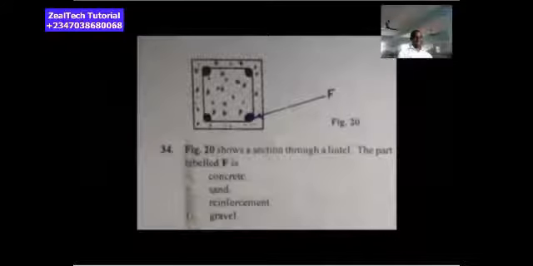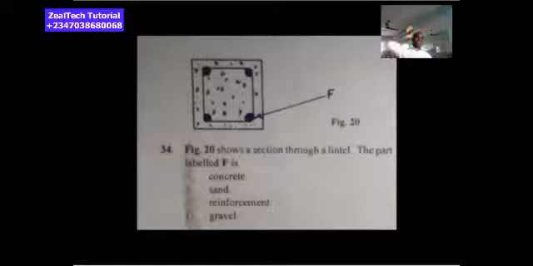Now, reinforcement. Figure 20 shows a section through a lintel. The part labelled F is what? You see, we have concrete put on top of a window, with a wooden form under it to make the lintel of a window or a door.